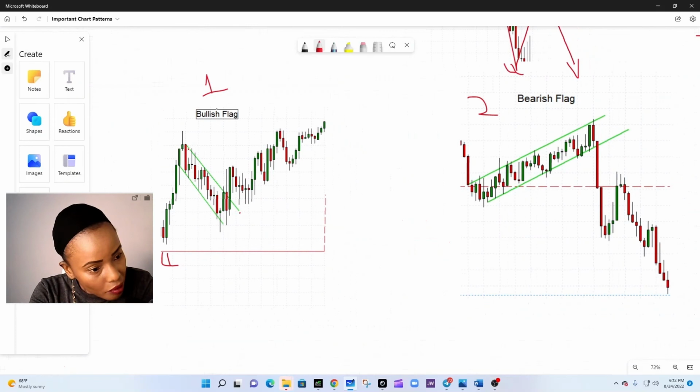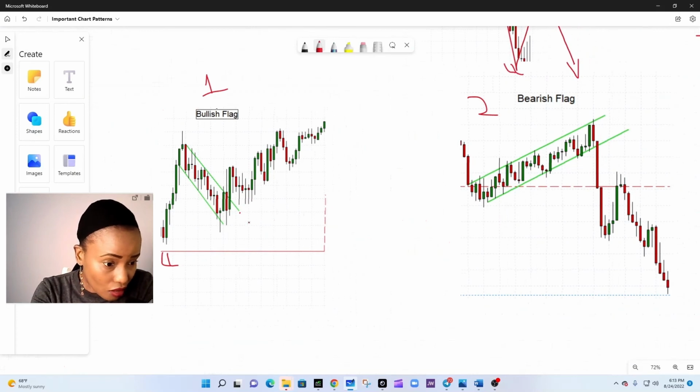And then during the correction phase, during the reactive movements, all you need to do is draw the two trend lines that form the flag, and wait for this consolidation phase to end. What happens when the consolidation phase ends?